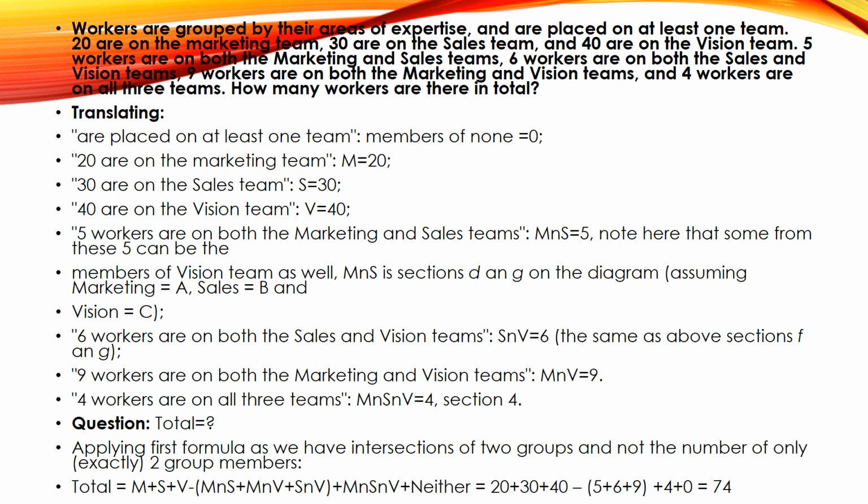Note here that some from these 5 can be members of the vision team as well. M∩S is sections D and G on the diagram.